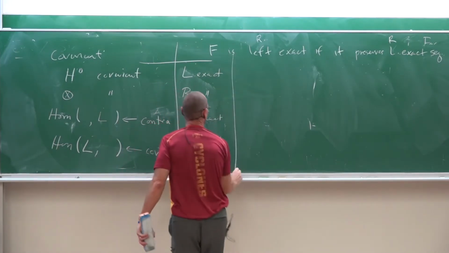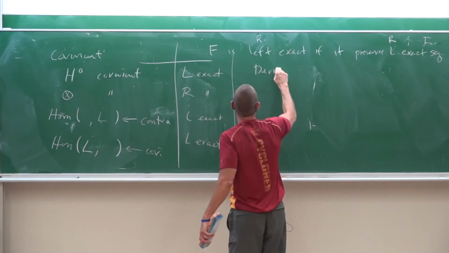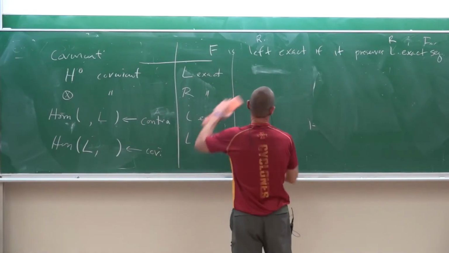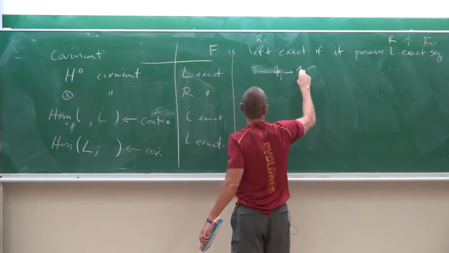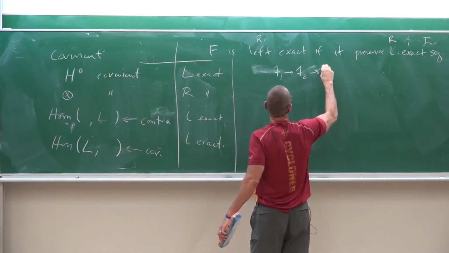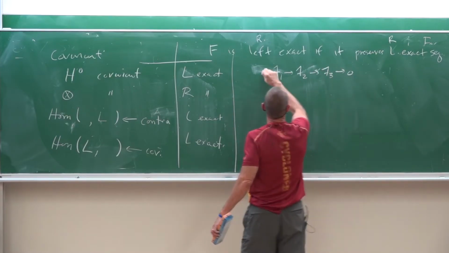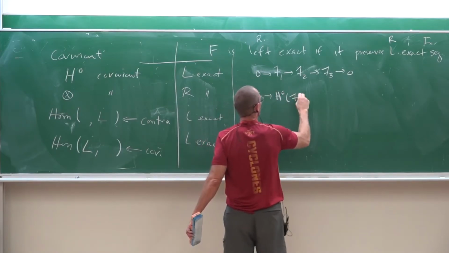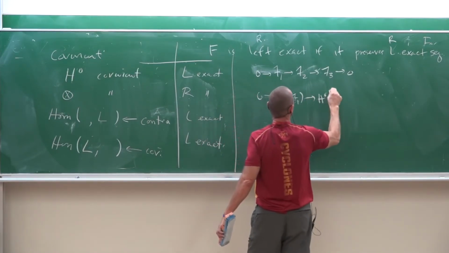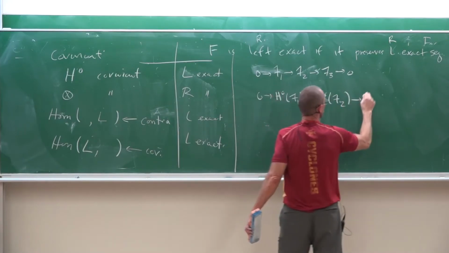So what derived functors are, let's do the silliest one. Suppose I have a short exact sequence of sheaves. Then when we hit this with global sections, we know it's left exact and covariant, so we have this.